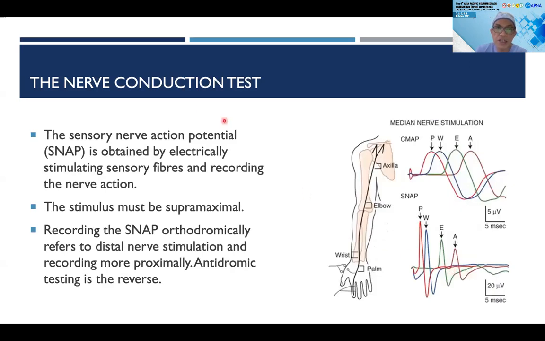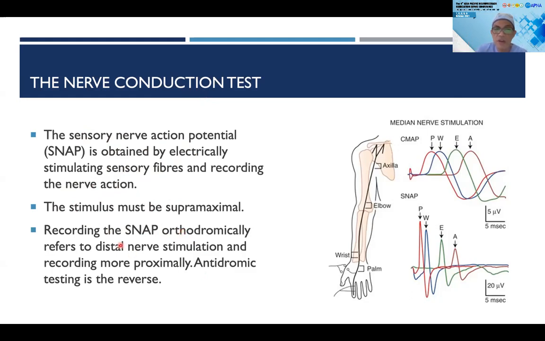The nerve conduction test can also be used for the sensory nerve action potential, obtained by electrically stimulating sensory fibers and recording the nerve action potential. The stimulus must be supramaximal. The recording can be orthodromic or antidromic. Orthodromic refers to distal nerve stimulation, because in the sensory nerve the conduction is ascending, not descending.